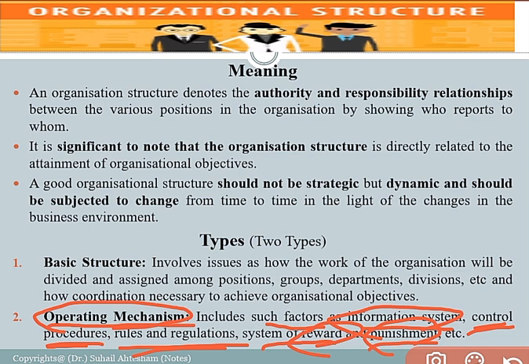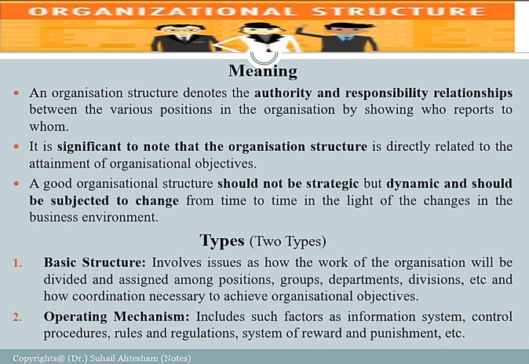So all these things have to be well determined and well justified, right? So there must be a very flexible and very efficient organizational structure in a formal organization for achievement of organizational goals and objectives in the right way, right?